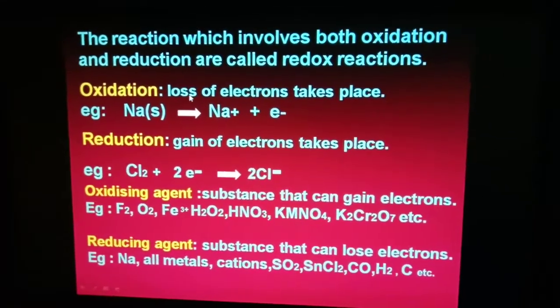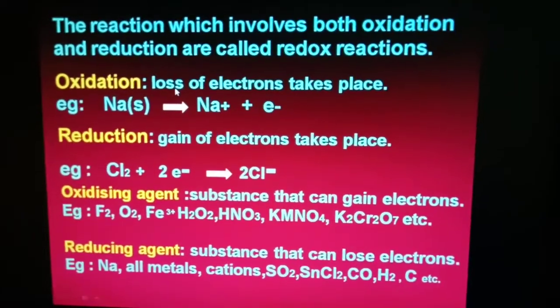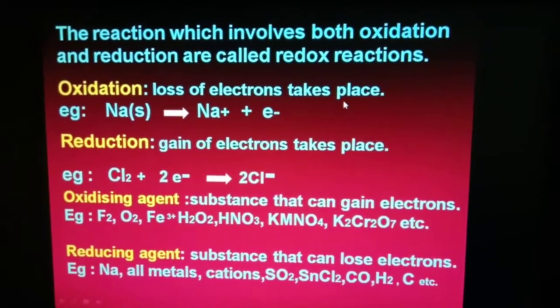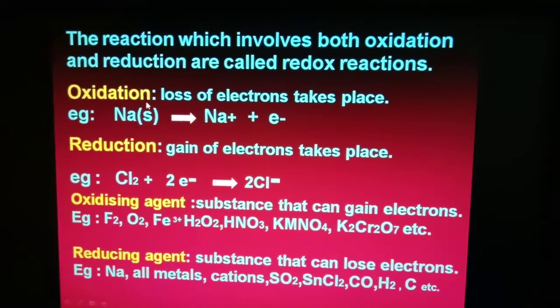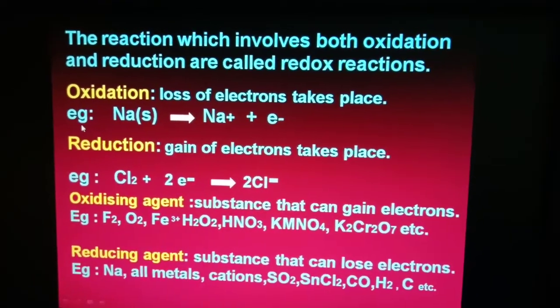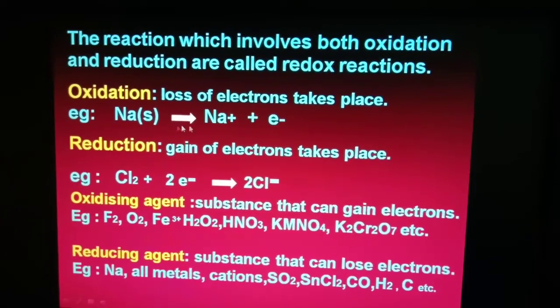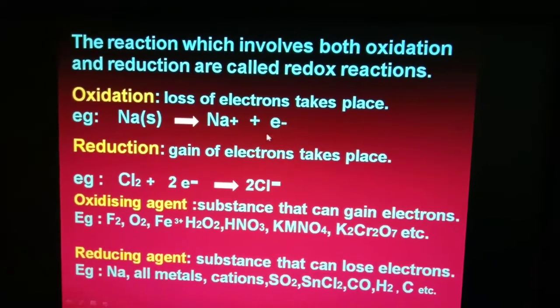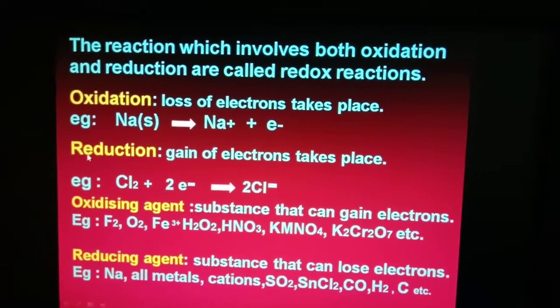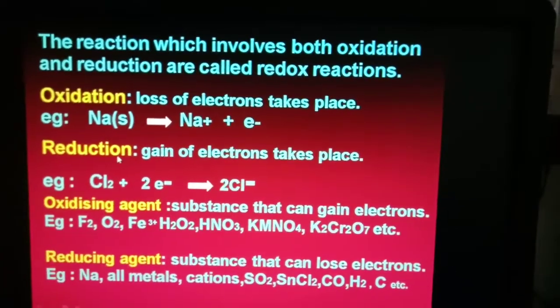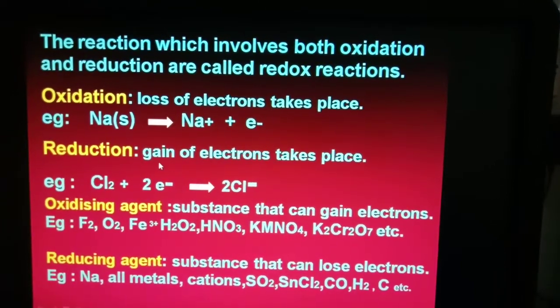Oxidation, the process which involves loss of electrons, is called an oxidation process. Example, Na solid loses an electron to form Na plus cation. Next is reduction process.